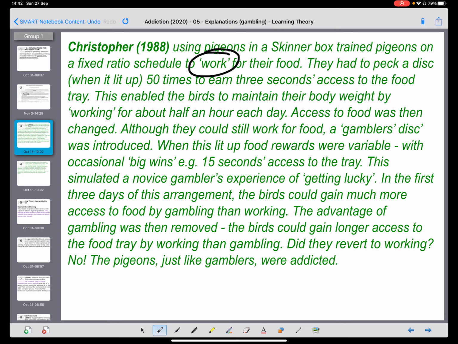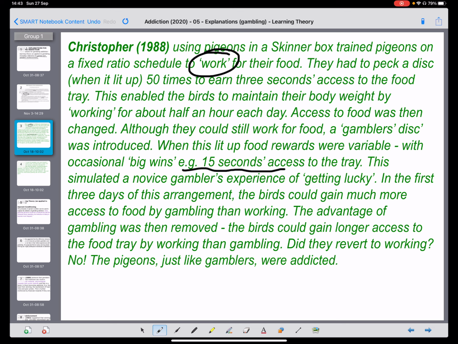For the pigeons, having a bit more time access to food is the gambling experience. But at the bottom here, as soon as the initial experience of gambling is over, it says here, the birds could gain longer access to food via working rather than gambling. However, they didn't go back to the work.